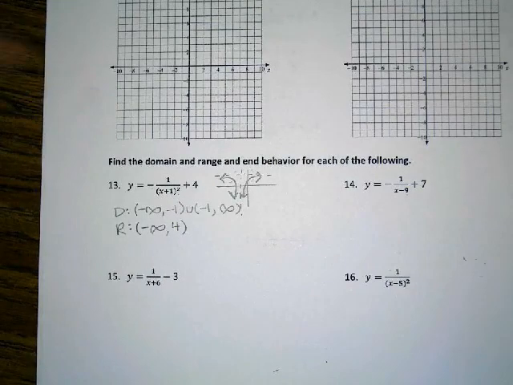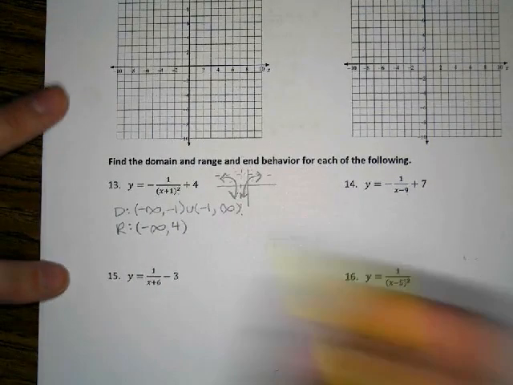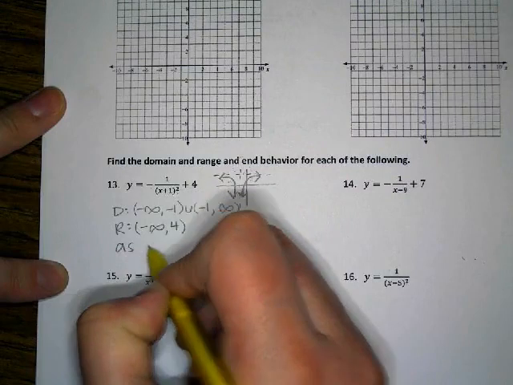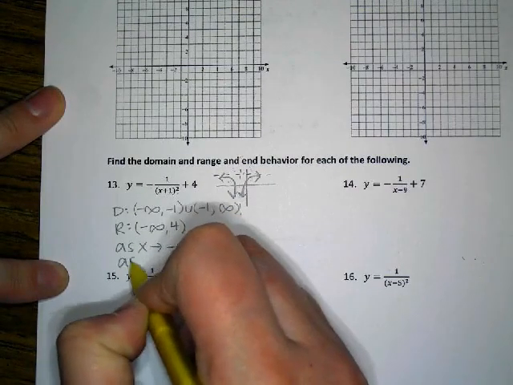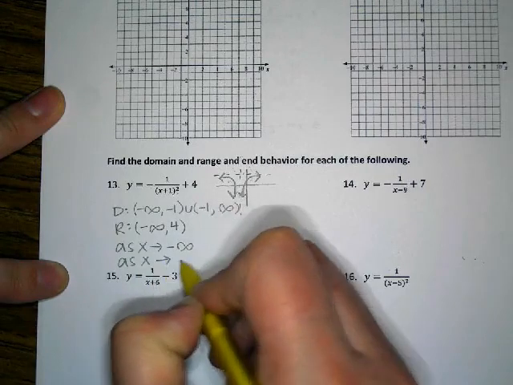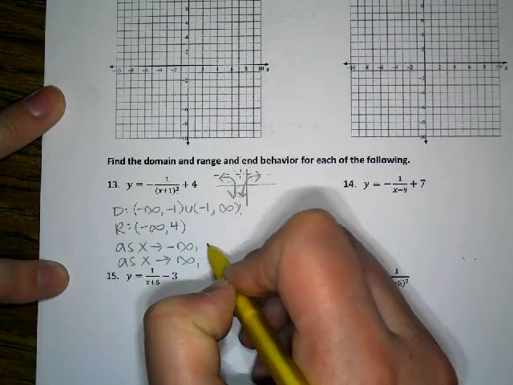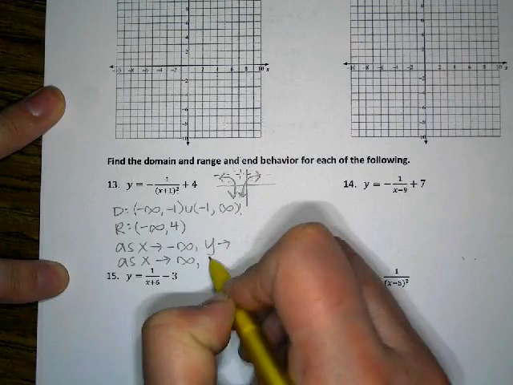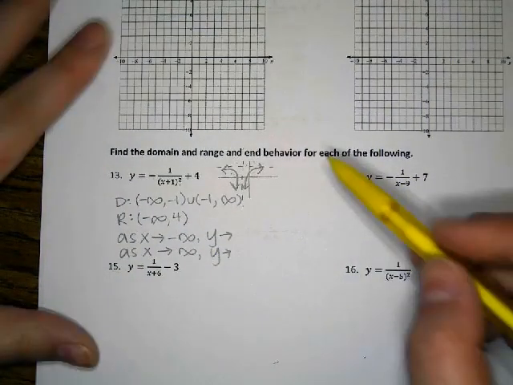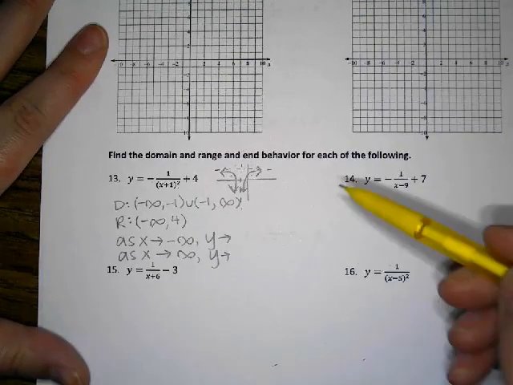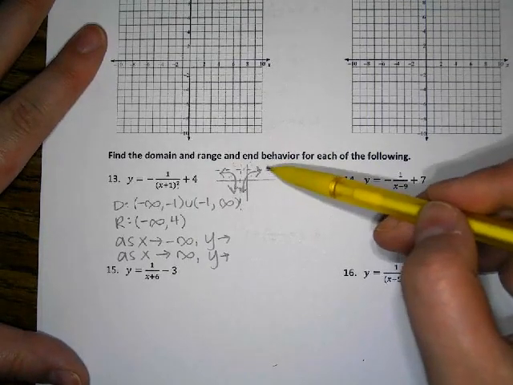All right, for end behavior, I'm going to look at my left arrow and my right arrow, and I want to see what both of those are doing, where they're pointing. If you remember from the notes, I said that this unit is unique in that this is the first unit we've had where the arrows aren't pointing up or down ever.